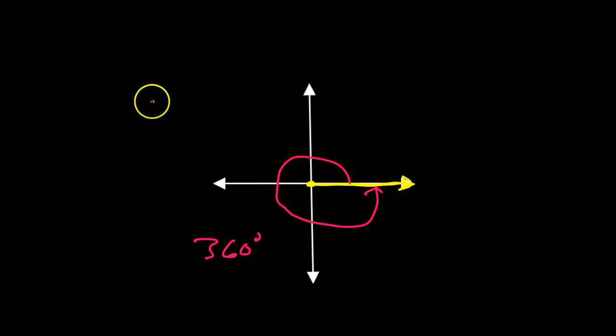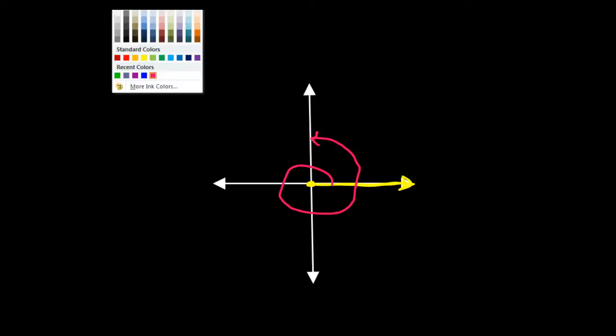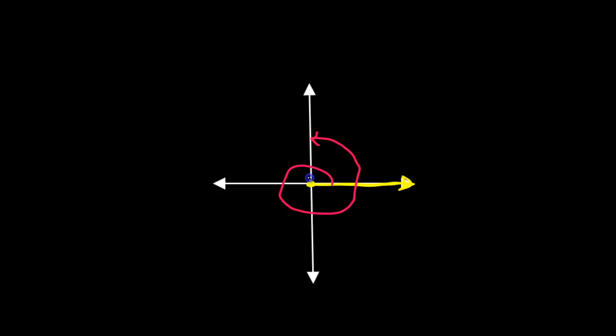So imagine that I went all the way around, back to where I started from, and then I went one more quadrant, like this. So here's my terminal side. The terminal side of my angle is going to be right here. Now you might be thinking, well, that's just 90 degrees.